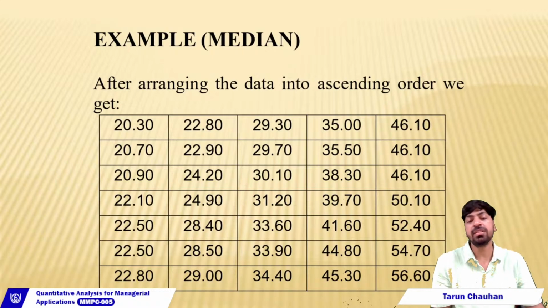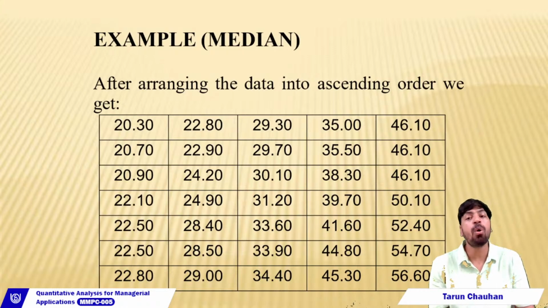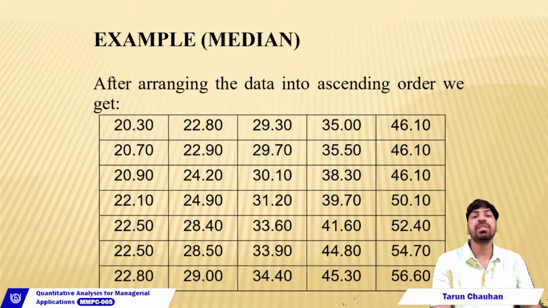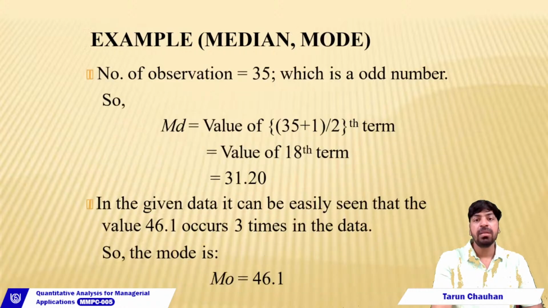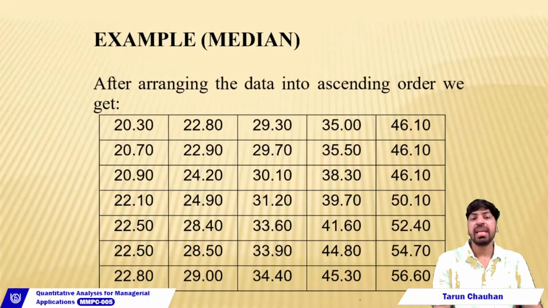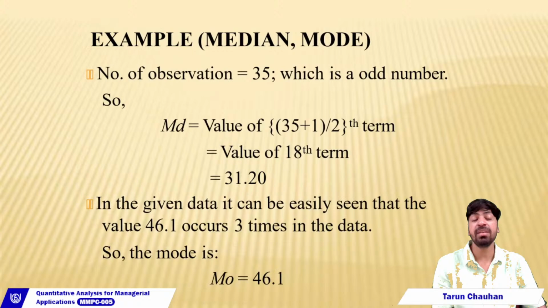It is the learner's choice whether the data is arranged in ascending or descending order. So this data has been given to you as individual data or raw data, and your first task is to arrange it in ascending order. In both cases, you can easily calculate median and mode from raw data.